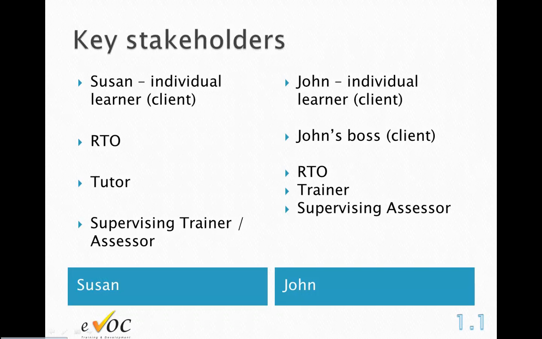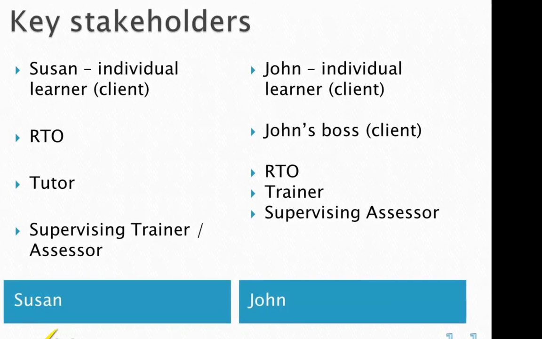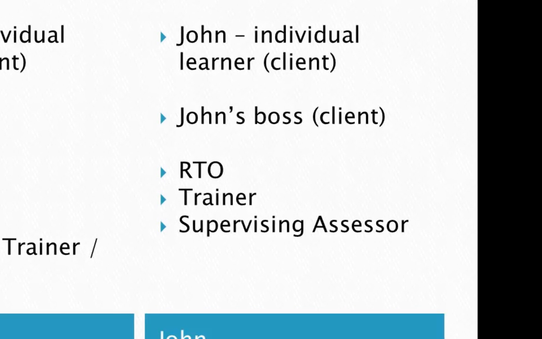Now, other stakeholders are the RTO, which is the VOC, and your tutor, which is myself, and the supervising trainer and assessor, which is James Spargo. Now, as far as the key stakeholders for John, we've got him as completely an individual learner there.